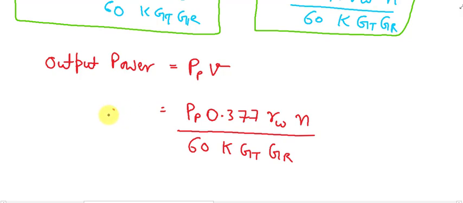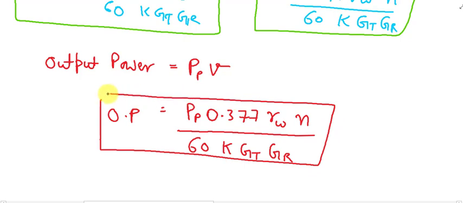So this is your output power. This is your equation number 2. Okay, main equation number 2.